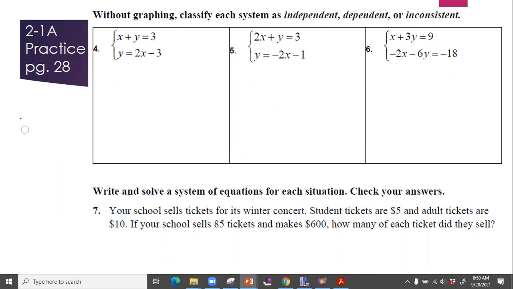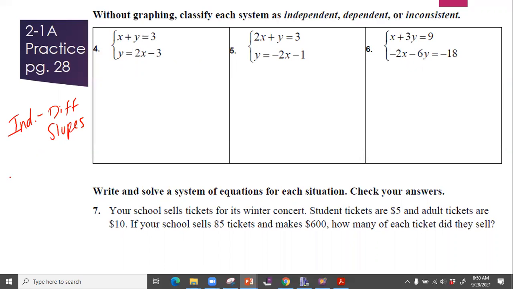If something is independent, that means that you have different slopes, right? Does that make sense?